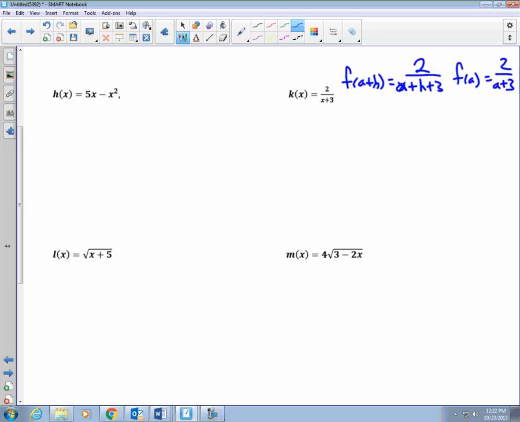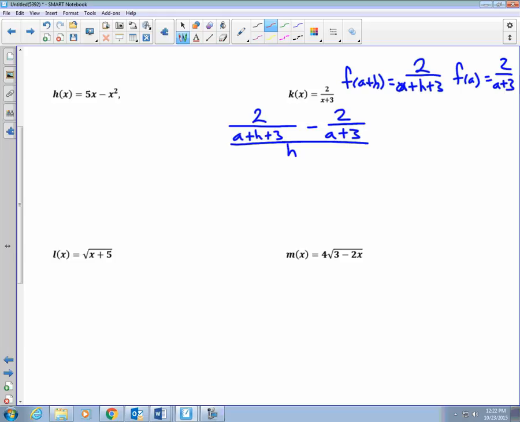I'm just renaming the function and calling it f because I should have left them all f. All right. So now we take these two, subtract each other, and I divide it by h. So 2 over a plus h plus 3 minus 2 over a plus 3 all over h.